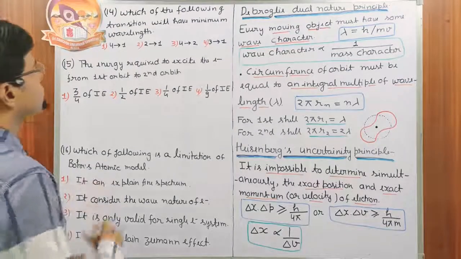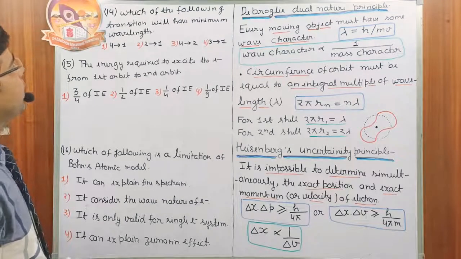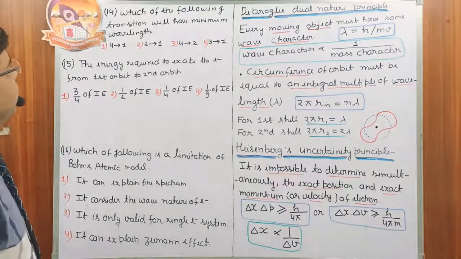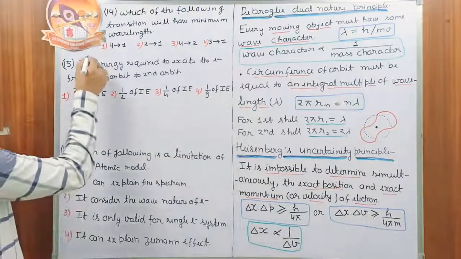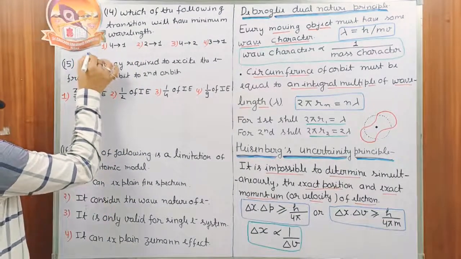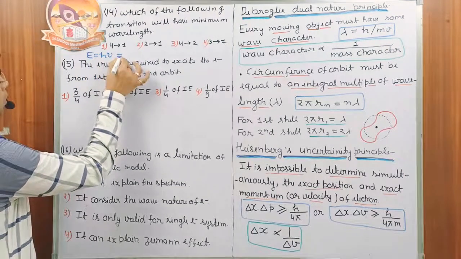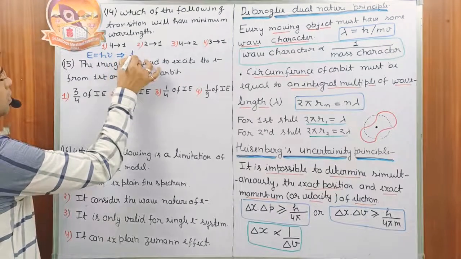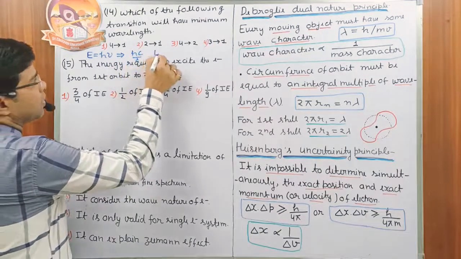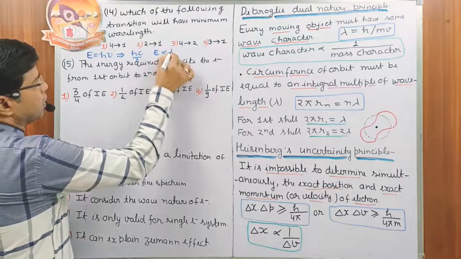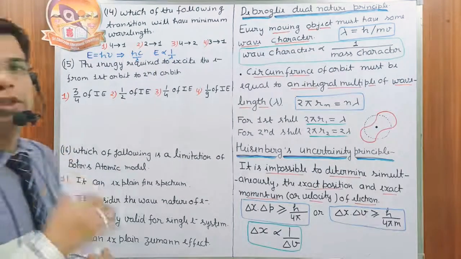Now in question number 14, it is given: which of the following transitions will have minimum wavelength? Look, we know that energy is equal to h nu, which can be written as hc upon lambda. So the energy and wavelength of any transition are always inversely proportional to each other.